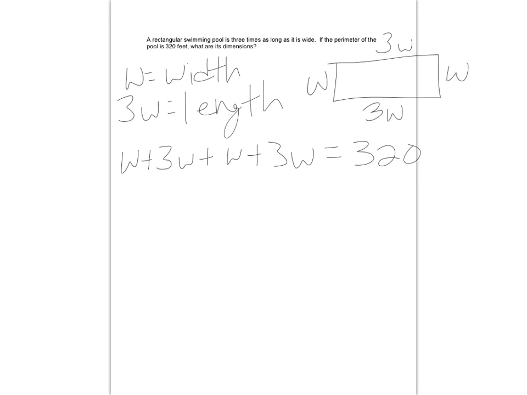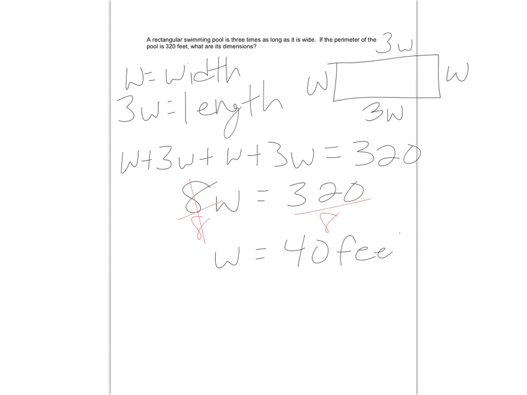So combining all of the W's on the left side, 1 plus 3 plus 1 plus 3, that's going to be 8 W's equals 320. Divide by 8. And so our width is 40, and they're talking about feet, so it's 40 feet.